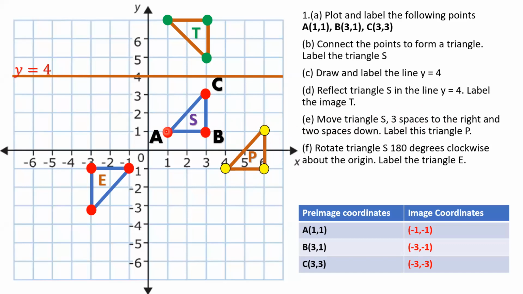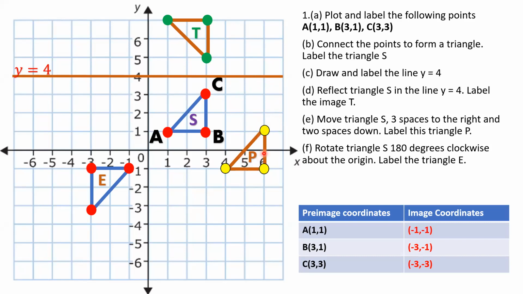And then here again, 3 spaces to the right, 2 spaces down. So it's going to be 1, 2, 3, and then 2 spaces down, 1, 2. Similarly here, 3 spaces to the right and 2 spaces down. So 1, 2, 3, and 2 spaces down, 1, 2. All right, and so that's how we get this image.